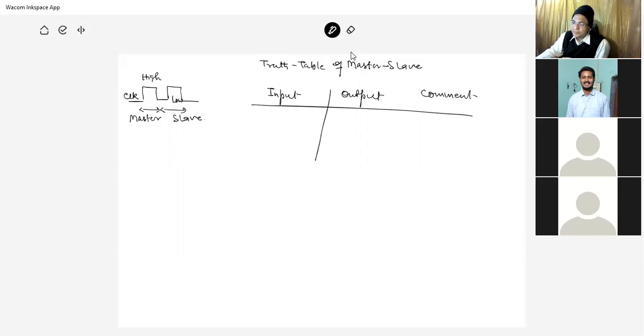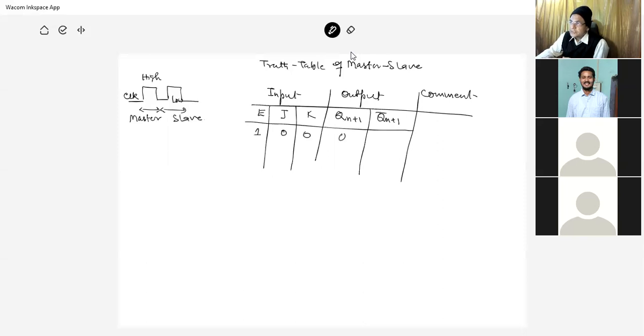So in input, this is E, this is J, this is K, here it is Qn plus 1 and Qn plus 1 bar, and then this is the comment. Now if E is 1, J is 0, K is 0, then these are the previous state, existing state, no change. Comment is no change.